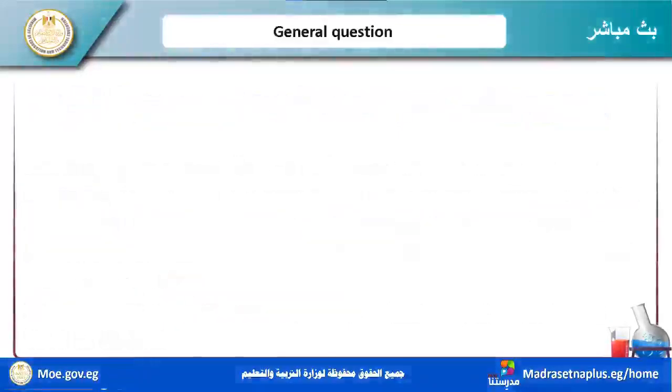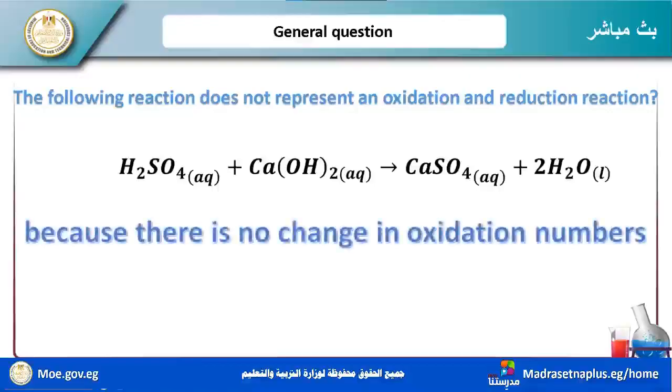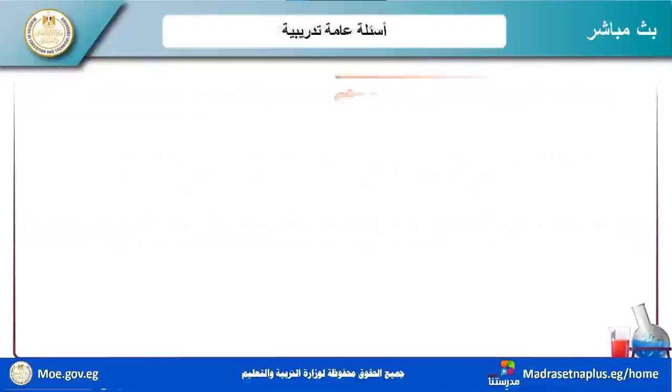Okay, now in this next question we find that the following reaction doesn't represent oxidation or reduction. This equation is a titration, called a neutralization reaction. A neutralization reaction is a reaction between an acid and a base. It is not a redox reaction because there is no change in the oxidation number of any atoms in the reactants and the products.